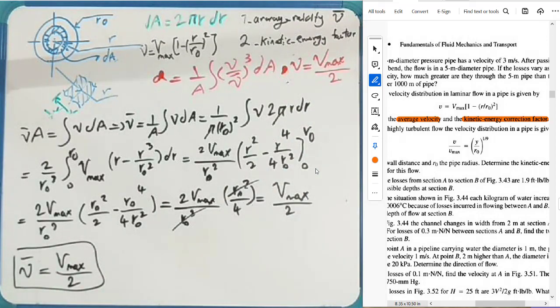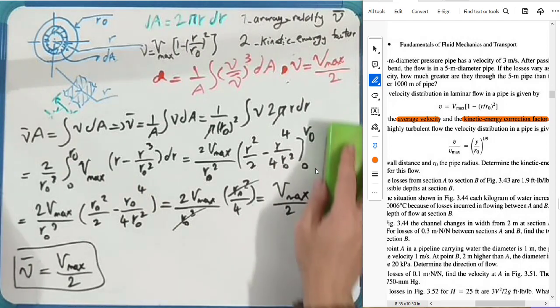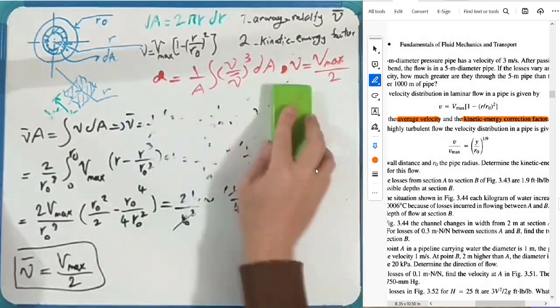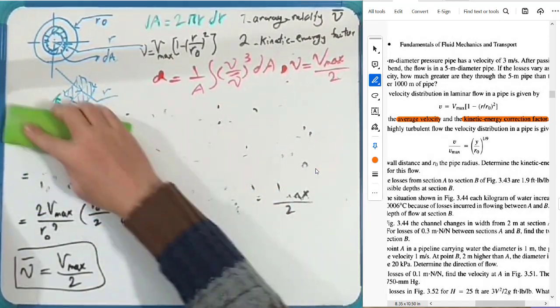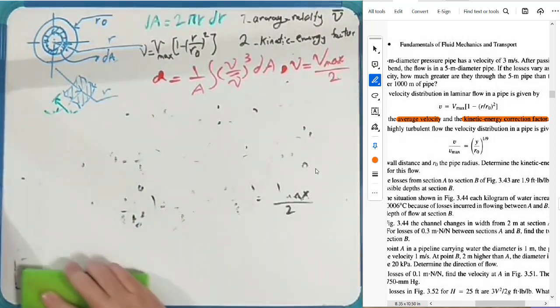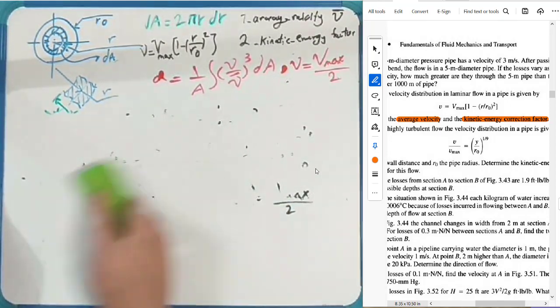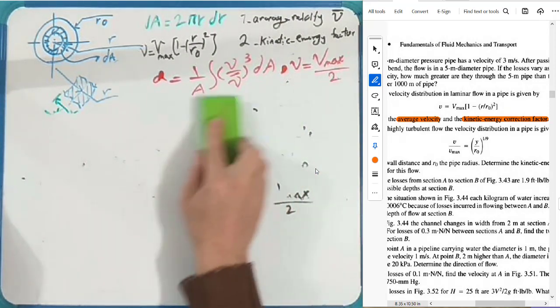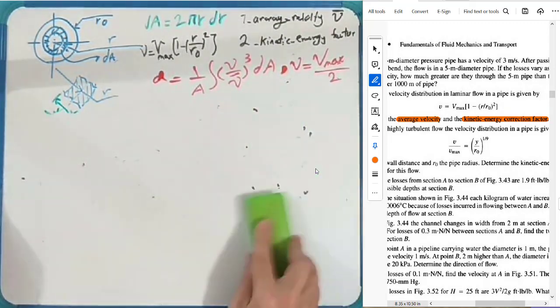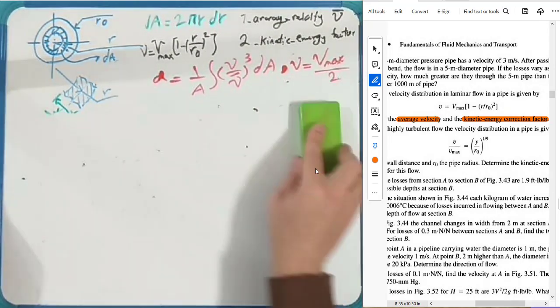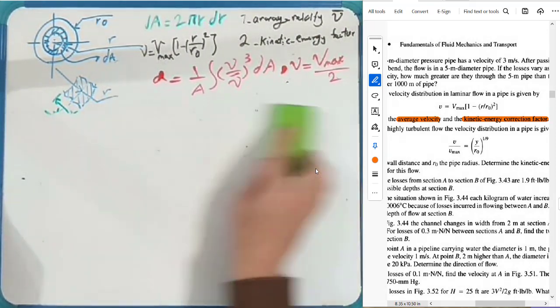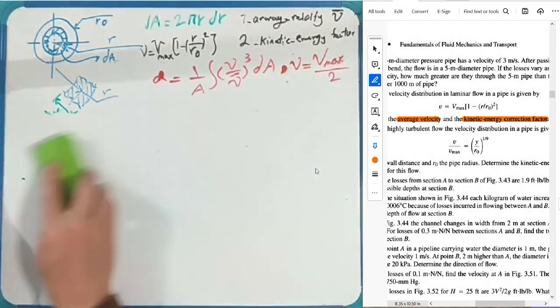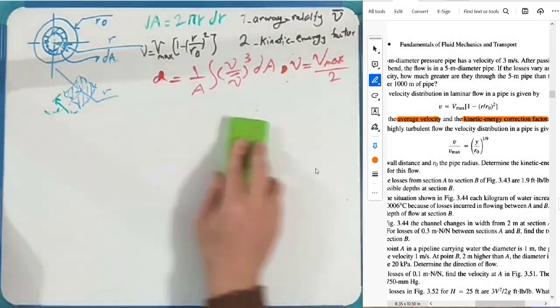Okay, let me erase this because I found the new average velocity.